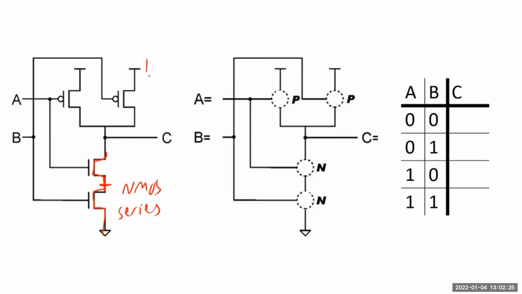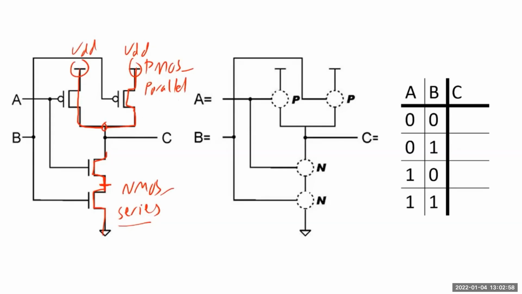Whereas our PMOS up here are connected in parallel, where both of their outputs are connected together, and they're both connected on their terminals to VDD. And this parallel path versus series path is really important. Anytime you have a PMOS in parallel, you need to have an NMOS in series. If you have a PMOS in series, you need to have an NMOS in parallel. And that's how we build our logic gates, so that we maintain this complementary functionality.